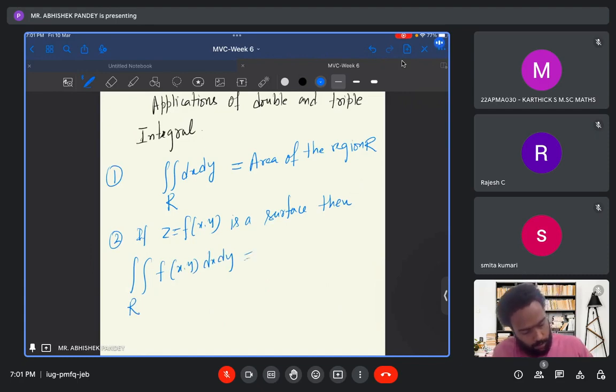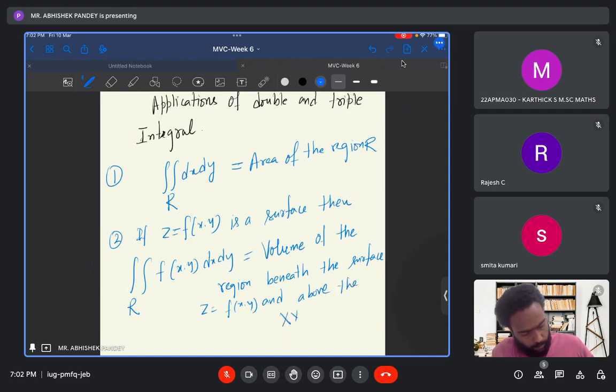This is nothing but the volume of the region beneath the surface z equals f of x, y and above the xy plane. Okay.